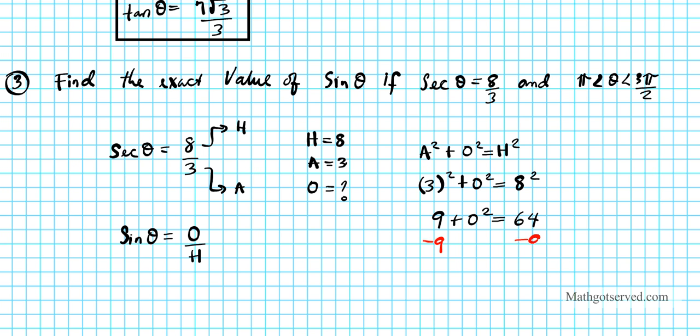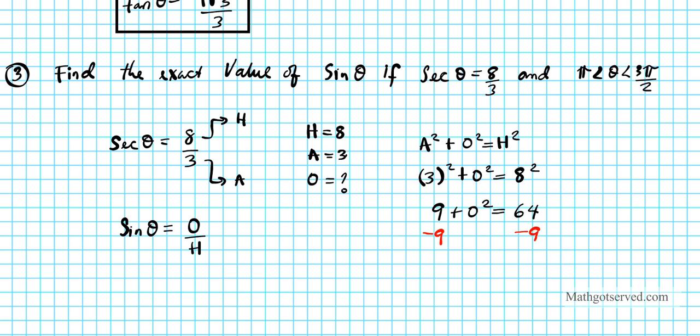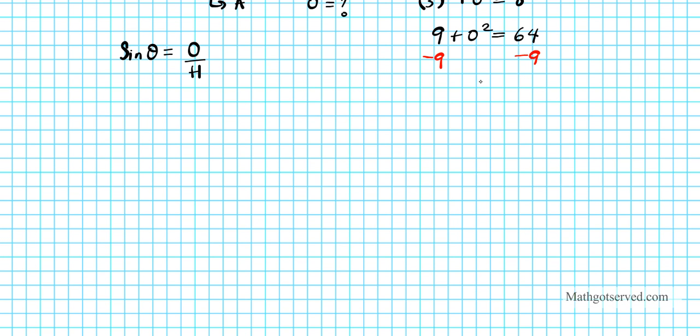Subtract 9, subtract 9. And then we're going to have o squared equals 55. Okay? So let's root both sides. To isolate o, you root the left and the right. Root this, root that. So we have o equals plus or minus the square root of 55. Okay, remember whenever you take the square root of a square, you have an absolute value situation, and you have to add the plus or minus, all right?